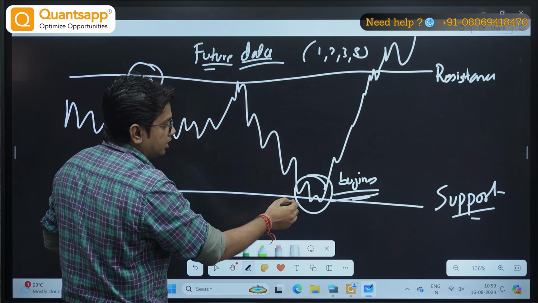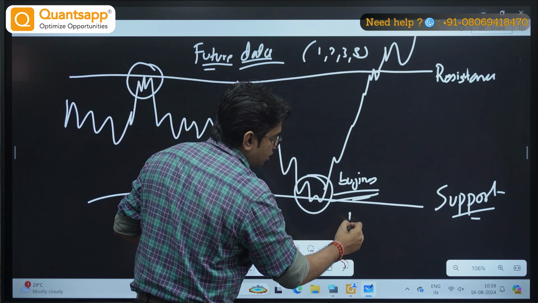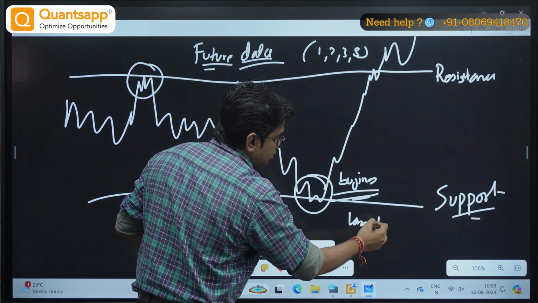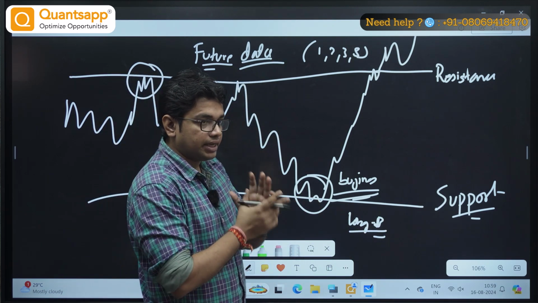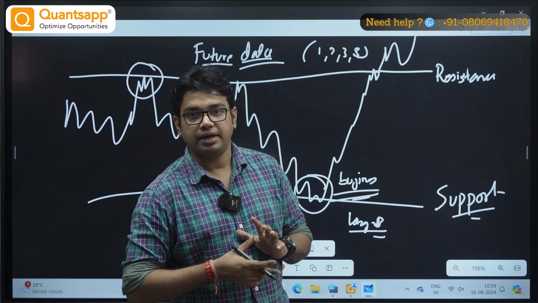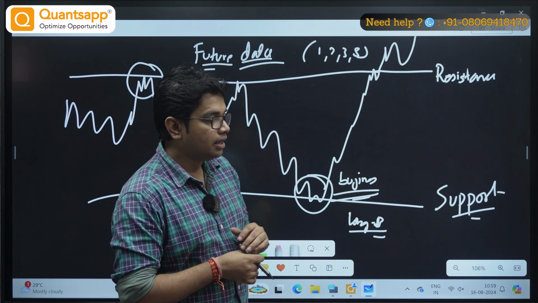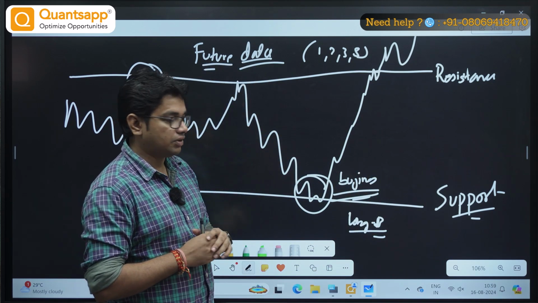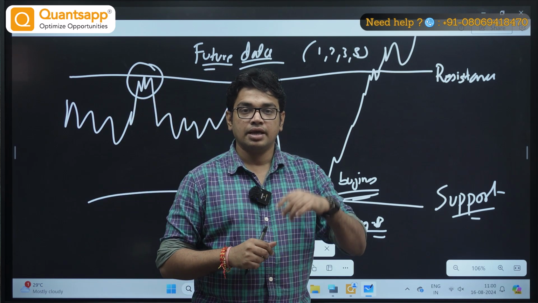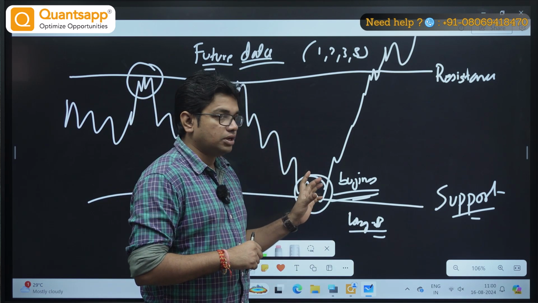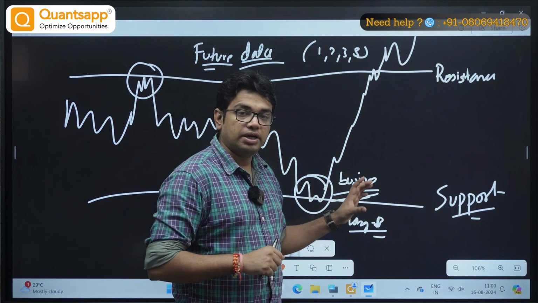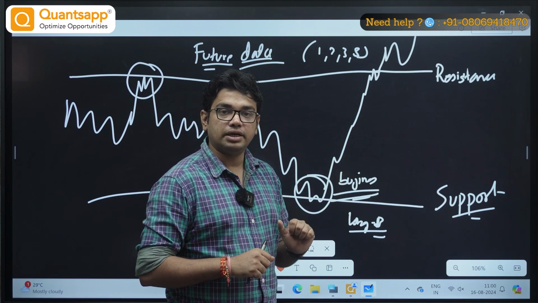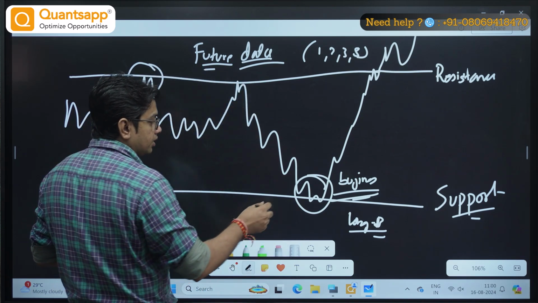Let's just say in 1 minute there is a strong long build up. It is giving me an indication there might be an uptrend, so I'll go ahead with the trade. But I don't go with the 1 minute time frame, I go with the 3 minute time frame. So at this particular level, if in the last 3 minutes there is a continuous long build up, what will happen here?